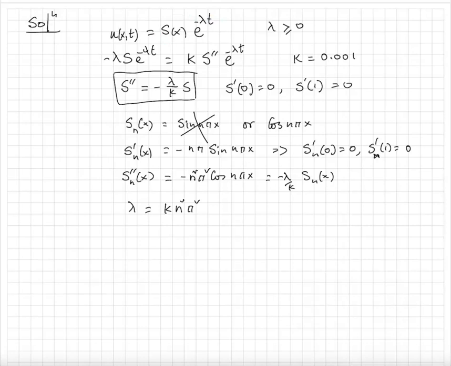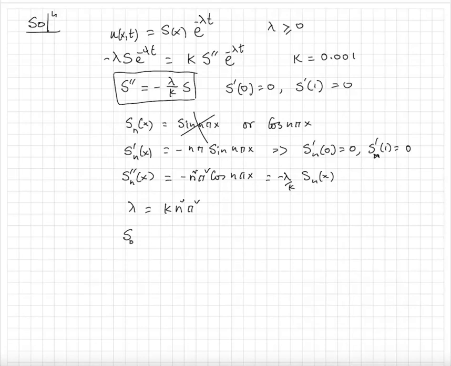If lambda is negative, then e to the power minus lambda t will be positive and the solution will blow up. Lambda can also be 0 because of the Neumann boundary condition. There could be nothing to lose or nothing to gain, and lambda equals 0 corresponds to just u(x) equal to S(x). So let's call that S_0(x).